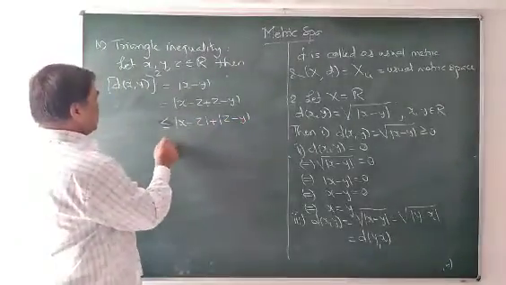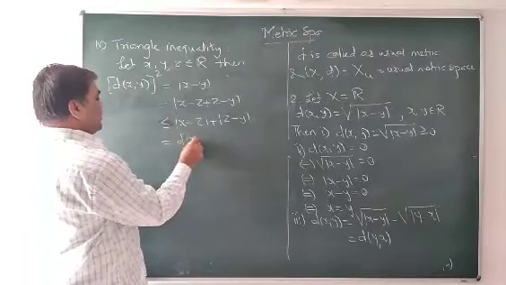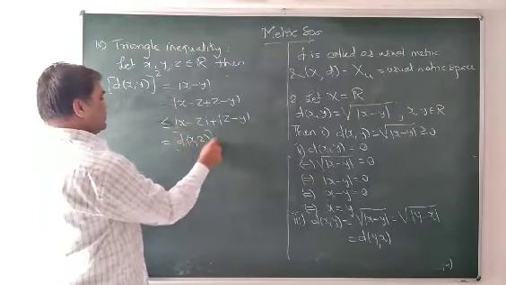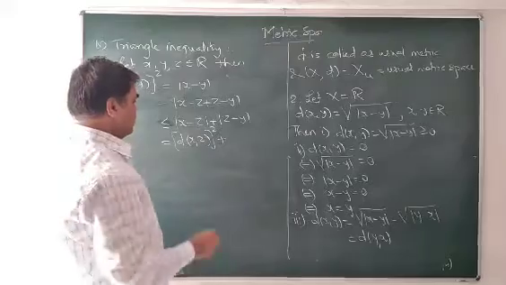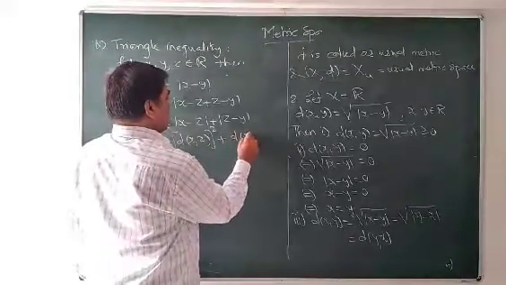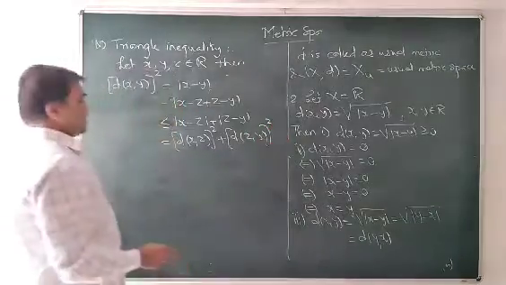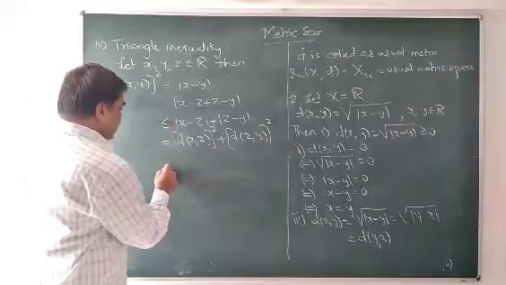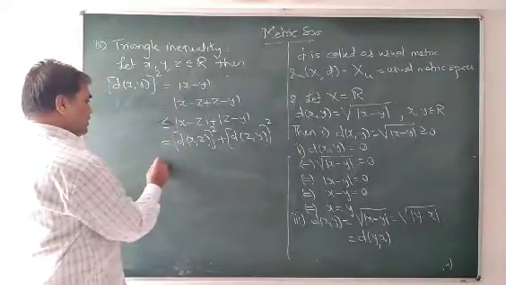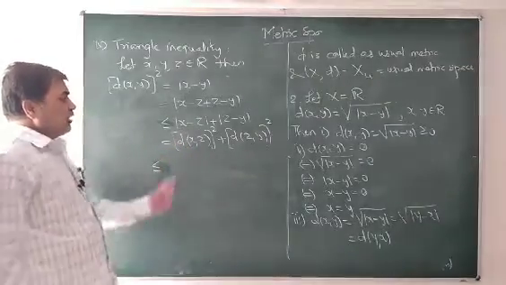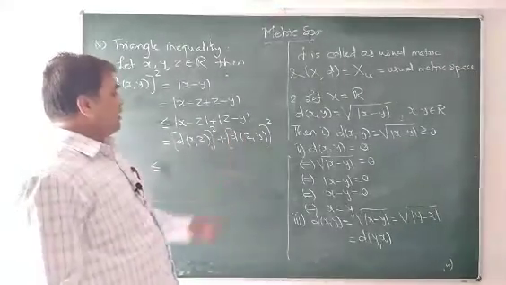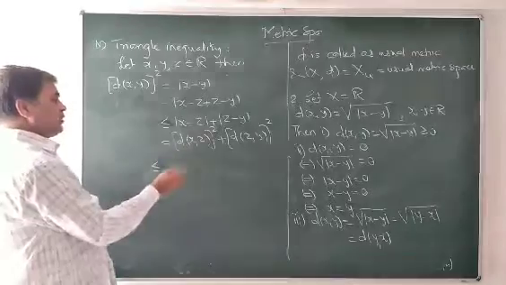So this is equal to d of x, z squared plus d of z, y squared. Then I will add 2 times d of x, z and d of z, y on the right hand side, which is a positive number.